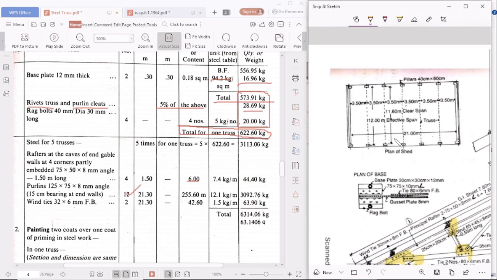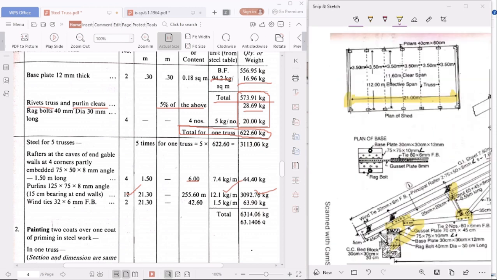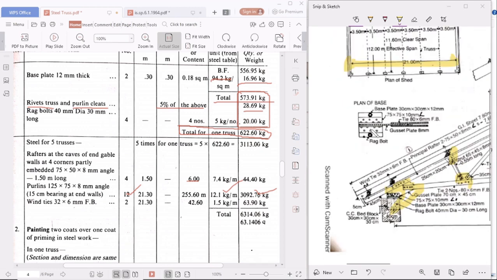So effective span is 21. Here 15 centimeter, here 15 centimeter for bearing. So the total length of the purlin will be 21.30. So 12 number purlin. For that dimension, see the unit weight in the steel table and get the total quantity.